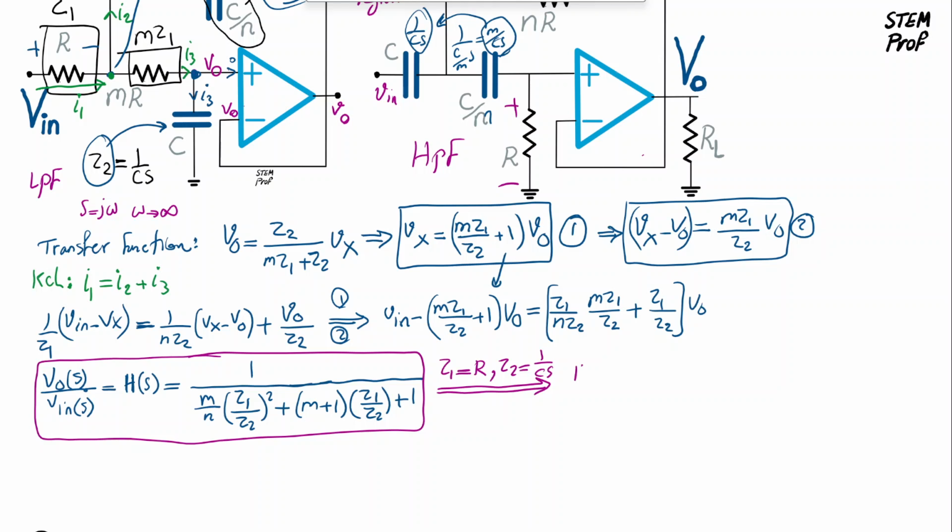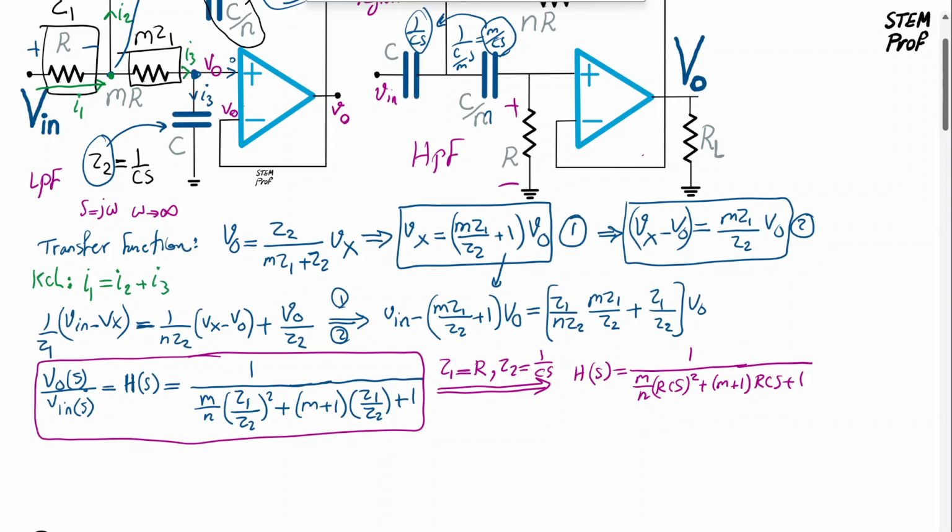the transfer function becomes 1 over m over n RCS squared plus m plus 1 RCS plus 1. So it's nicely a second order filter, obviously. Second order denominator, as you can see, no zero, so numerator is purely 1.